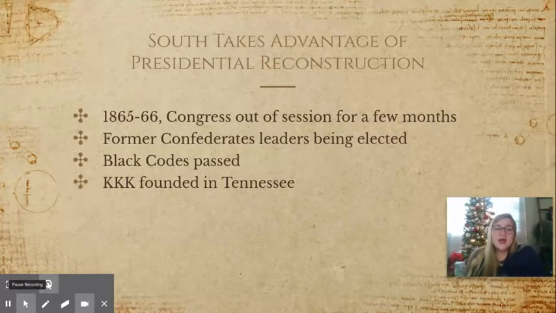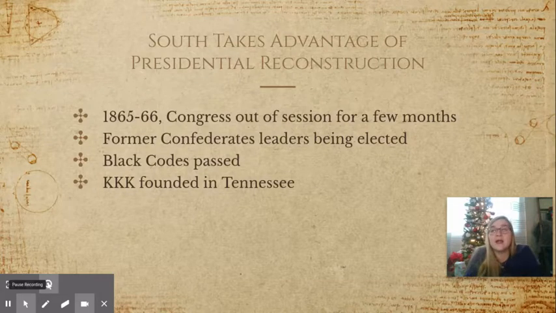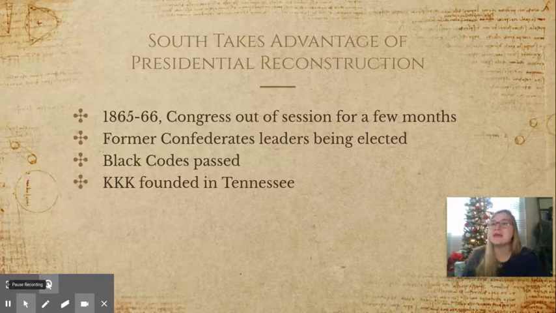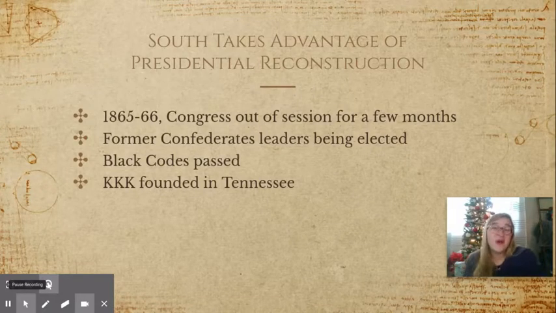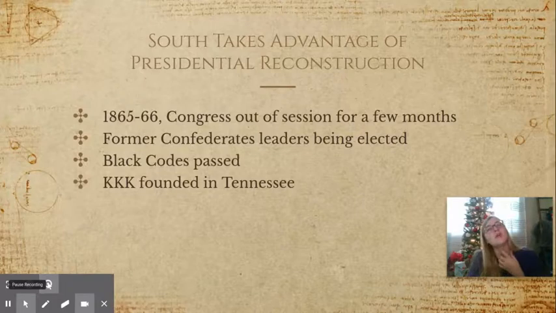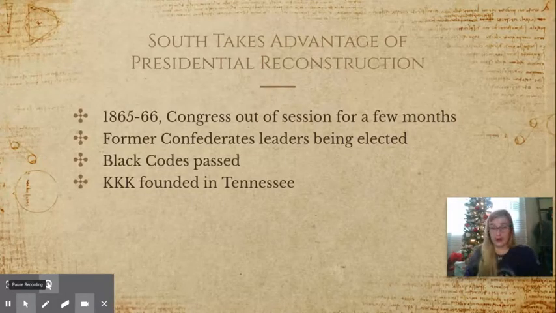And so while Congress is just this sitting duck while they're out of session, the South just goes hog wild and enacts all the things that Congress did not want them to enact again, and just makes it a situation very similar to what it was pre-war. So that's how, when Congress comes back in session, there's a coalition of Republicans that are very radical, called the Radical Republicans.